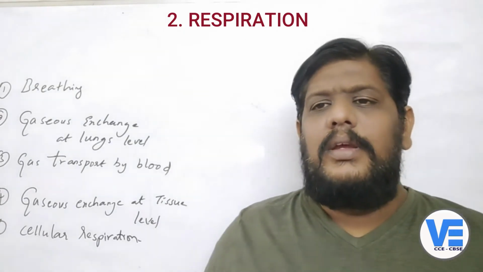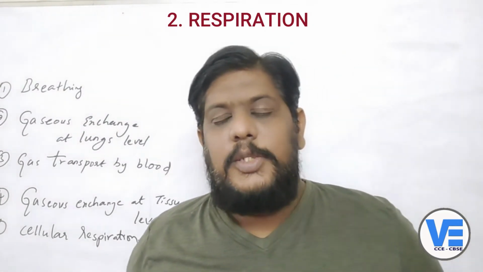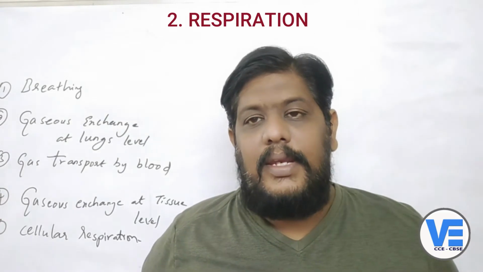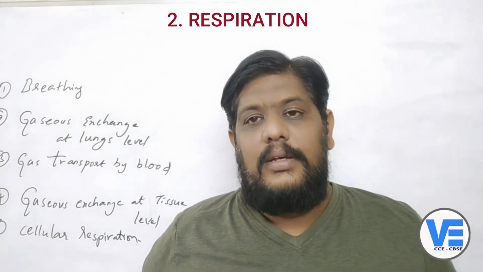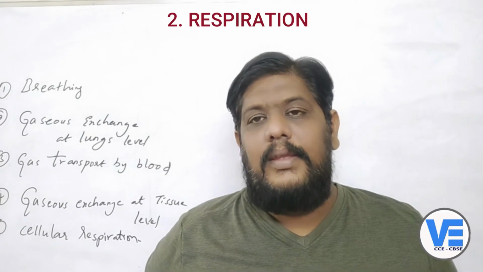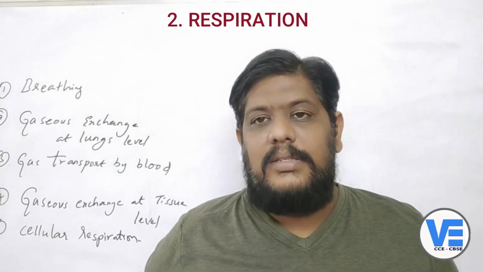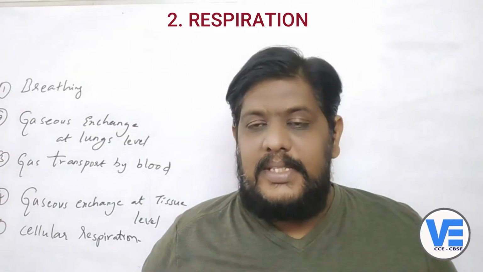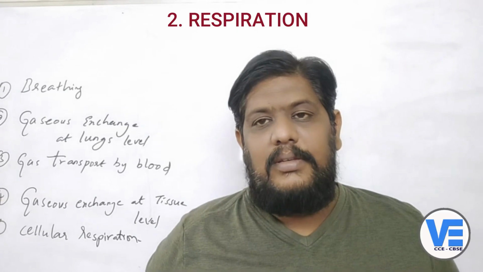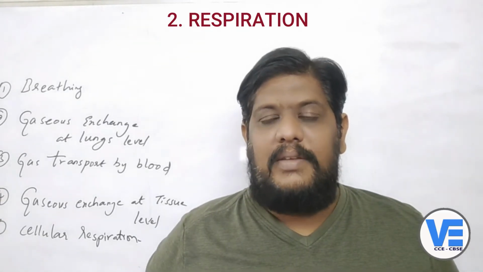And the fifth one is cellular respiration. When the oxygen goes into the cell, it reacts with the glucose present in the cell. The glucose burns in the presence of oxygen and gives out the energy required for all the life processes which help in our survival.